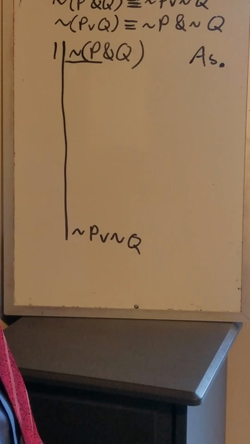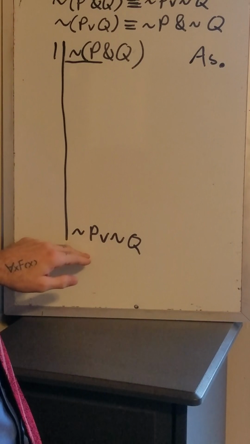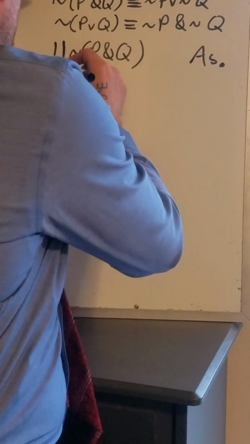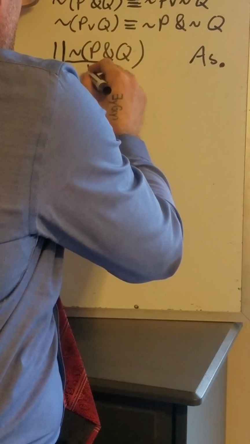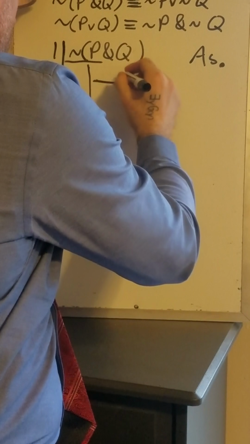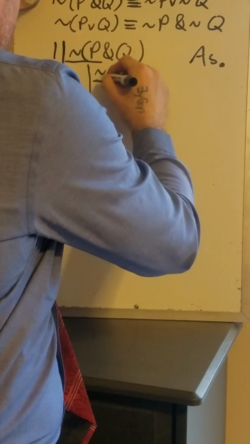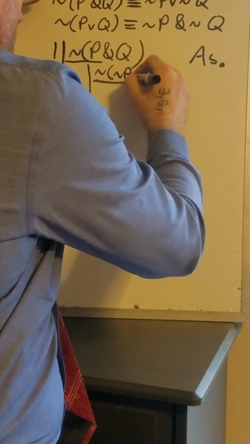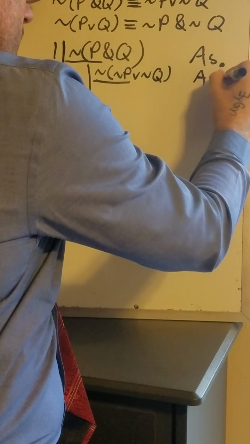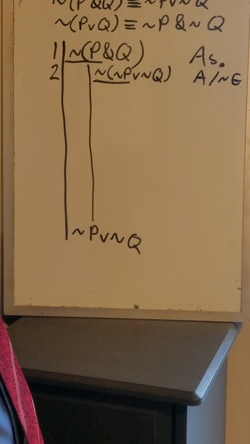It doesn't look like there's any direct way to do it. So what we can do is to assume the negation of what it is that we're trying to prove. So assume for purposes of negation elimination.